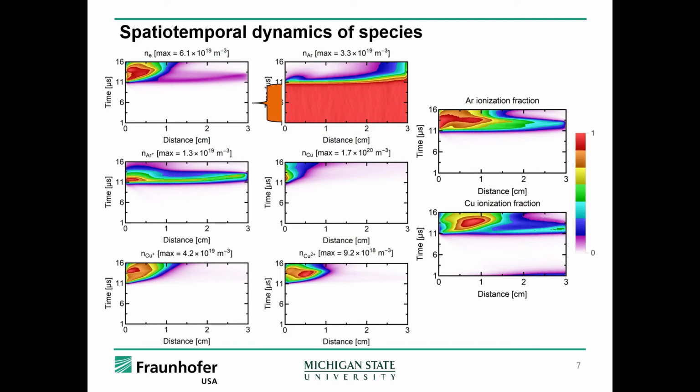However, after about 10 microseconds, the plasma density and the number density of all the other species increase significantly. The electron density could be up to 6 times 10 to the 19th power per cubic meter. During the phase of rapid increase in discharge current, that is, around 10 microseconds, the most dominant charge carrier is still argon ions.